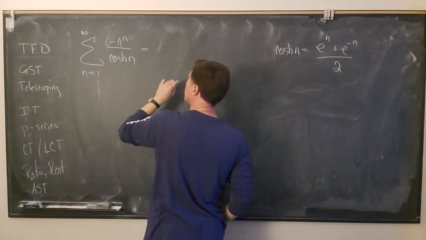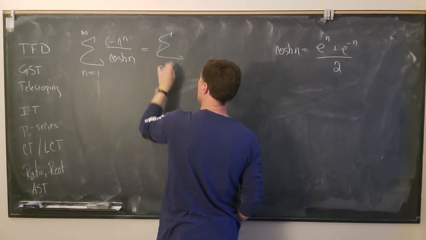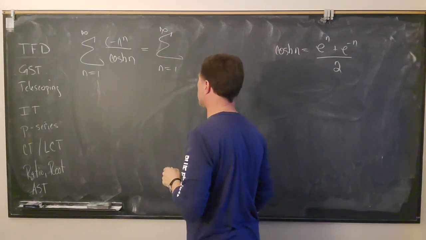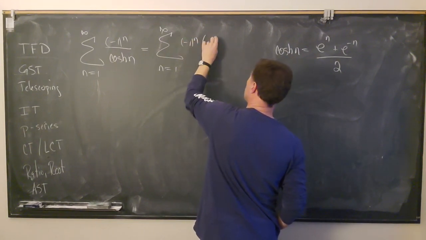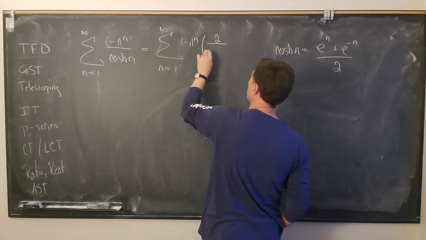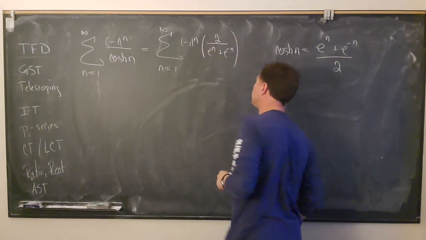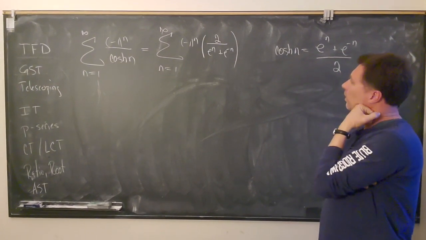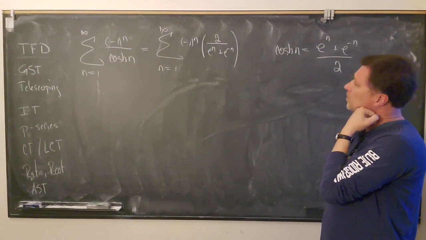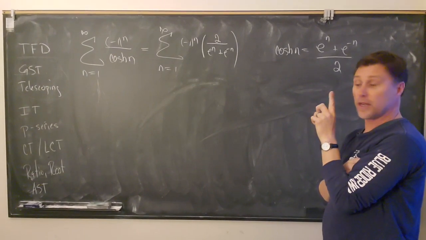So the first step is to rewrite this. This will be -1 to the n times 2 over e to the n plus e to the minus n. Okay, so yeah, this one's alternating. So you could use the alternating series test, right?